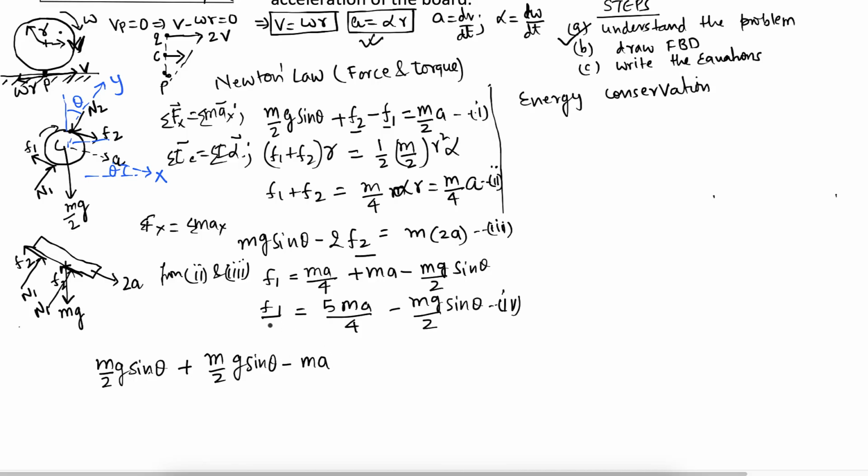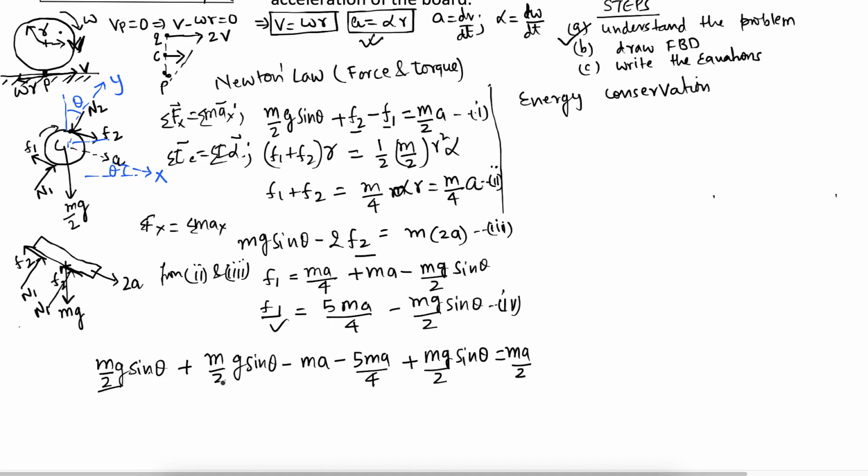So f1 is minus 5 ma by 4, and minus minus plus, so mg by 2 sine theta. This is equal to ma by 2.